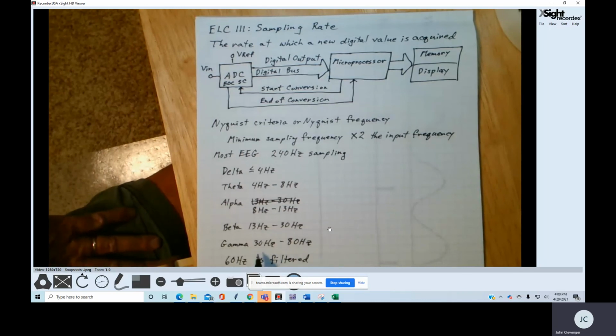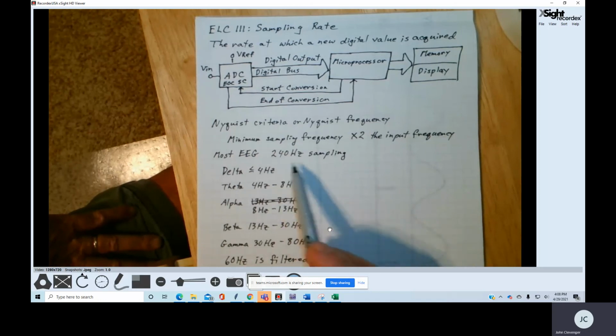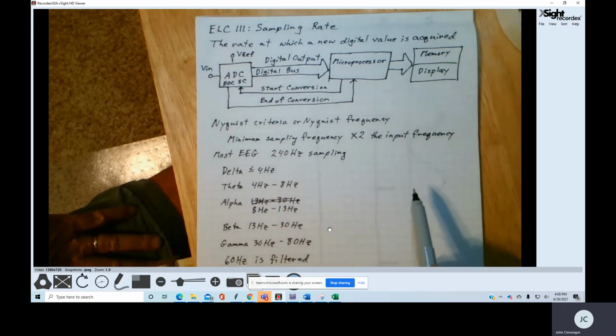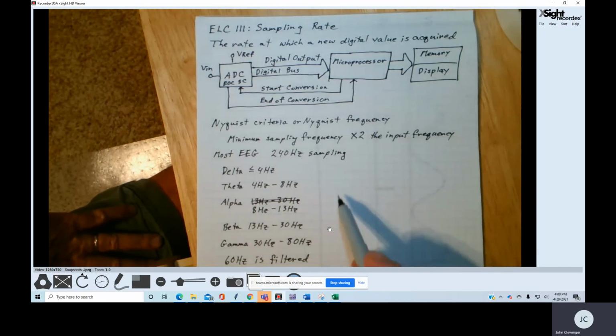So generally speaking, the gamma information is going to be limited to anywhere from 30 hertz to 60 hertz. But regardless, with a 240 hertz sampling rate, we more than meet or exceed the Nyquist criteria for all these frequency signals.